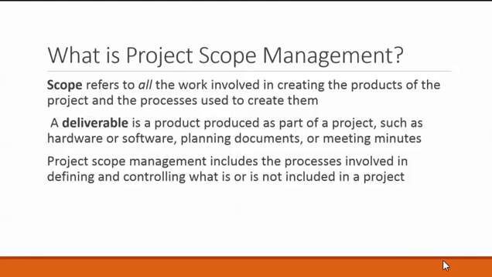Okay, and a deliverable is the product produced as part of the project. It can be hardware, it can be software, it can be documents. So you can have multiple deliverables within a project. So for example, this week, your team is delivering a handful of items which can be considered project deliverables, as well as the final, for example, website that you would be creating, that would be maybe your final deliverable.